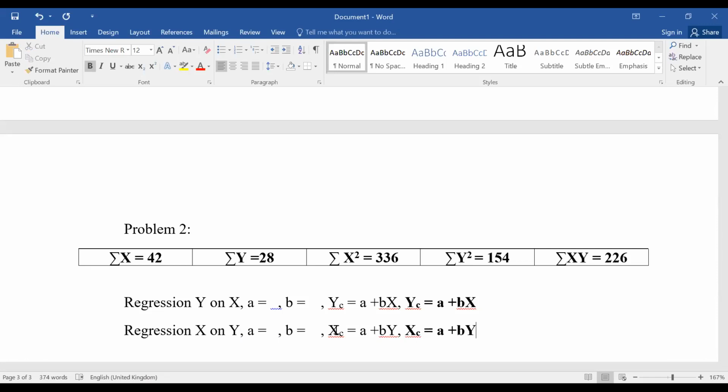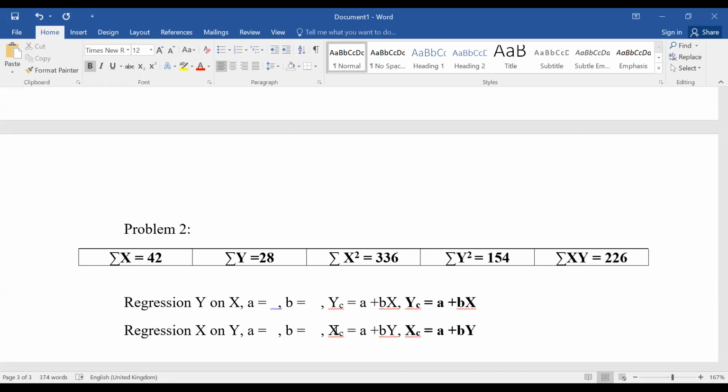Now tell me, those who have solved regression equation Y on X, tell me the answer so that I can discuss the answer. Yes, anyone solved? How many times are you taking?